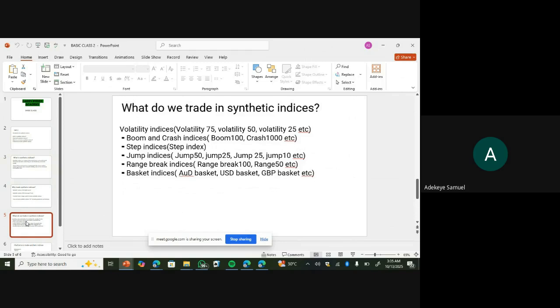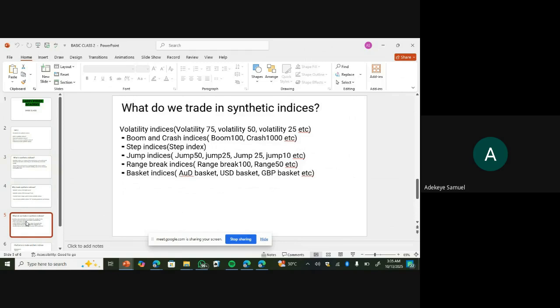We also have boom and crash indices, which run from boom 300 to boom 1000, and crash 300 to crash 1000.